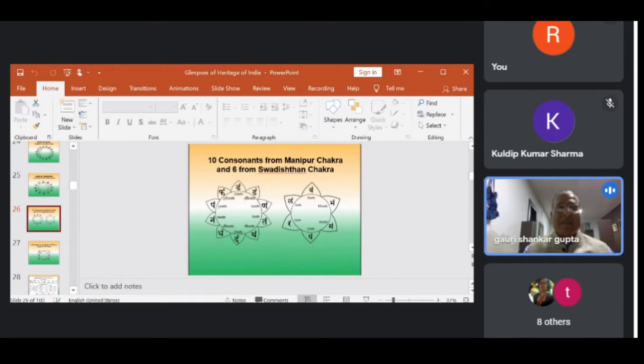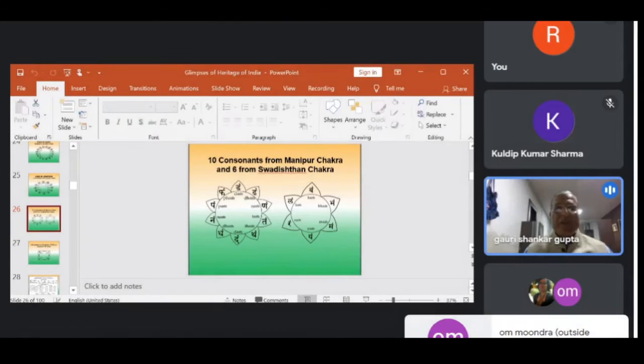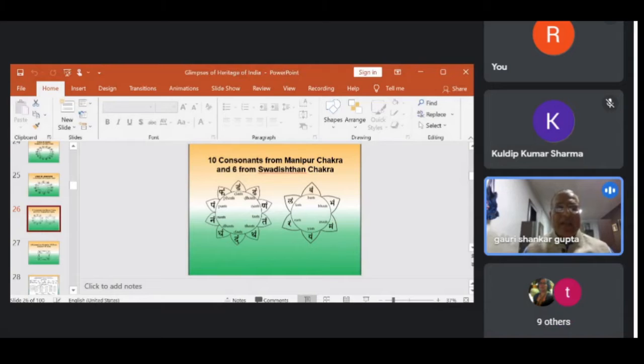These are the 6 consonants originating from Swadhisthana chakra, which is just below the navel, above the sense of procreation, and that is the place of Swadhisthana chakra.